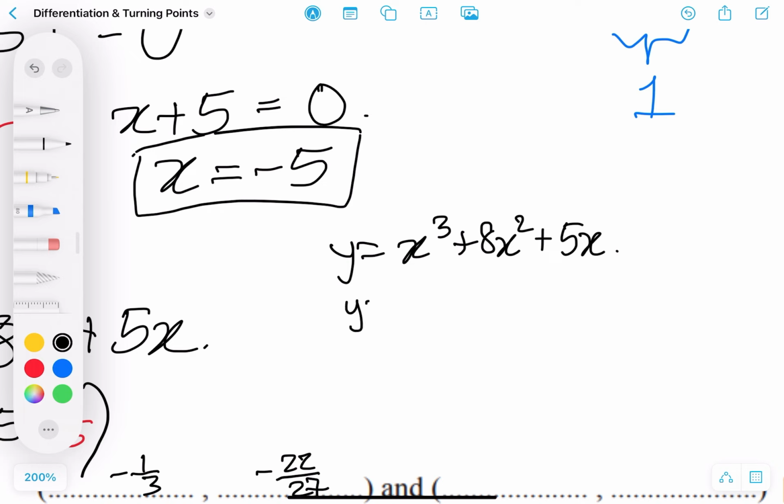So we see that y is equal to negative 5 cubed plus 8 multiplied by negative 5 squared plus 5 multiplied by negative 5.